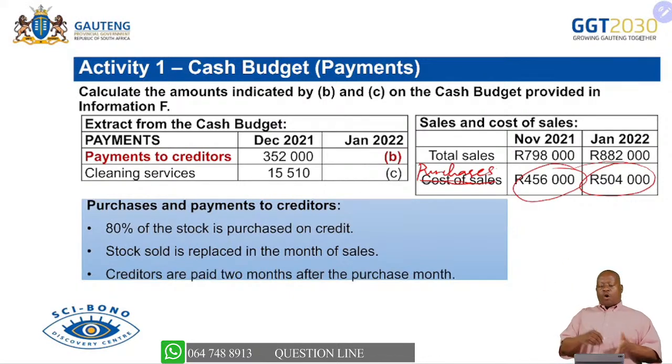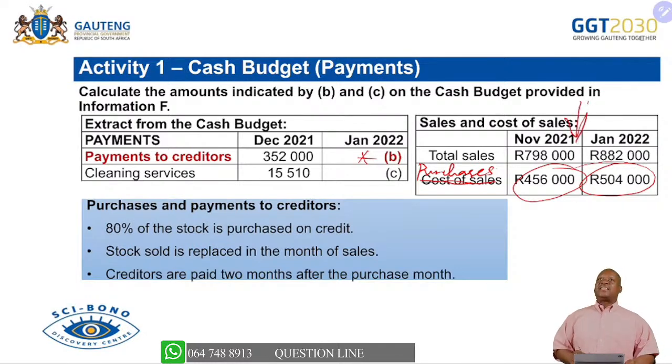So when we go back to B, it is saying we want payments to creditors in the month of January. So if we want to know how much was paid in January, we are not looking at the purchases of December because it's done only 2 months after. So we are looking at the purchases for November. That's the reason why you can see here, there is something missing here.